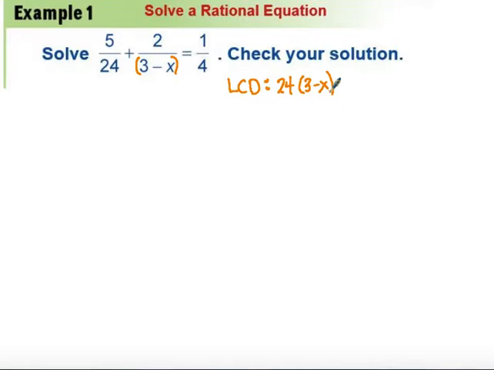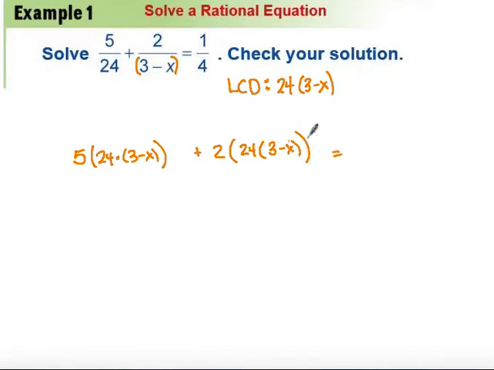So I'm multiplying both sides of the equation essentially by the lowest common denominator, but I'm doing it by distributing. So I'm going to take 5 times the LCD of 24 times 3 minus x plus 2 times the LCD of 24 times 3 minus x.